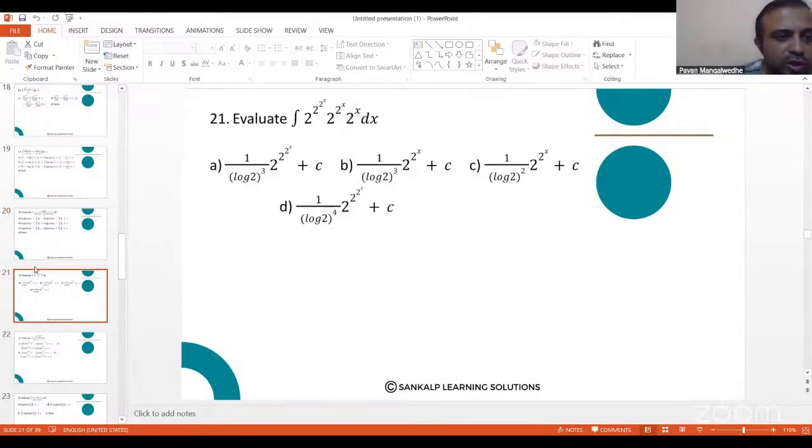Okay, this is an important question. Just try to solve this. Again, 1 minute time for you students. Evaluate the integration of 2 raised to 2 raised to 2 raised to x, 2 raised to 2 raised to x, 2 raised to x dx.